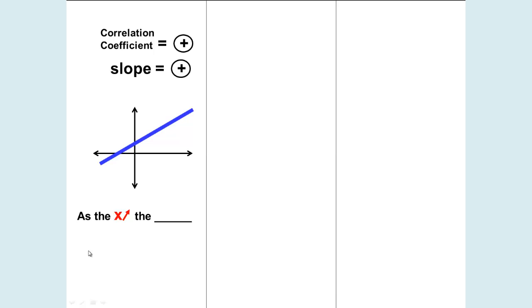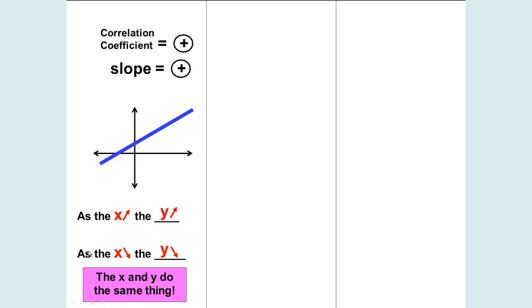As x increases, the y increases. As the x decreases, the y decreases. The x and the y do the same thing. It's a positive correlation. In a positive situation, the x and the y agree. They do the same thing. Everybody's on the same page.